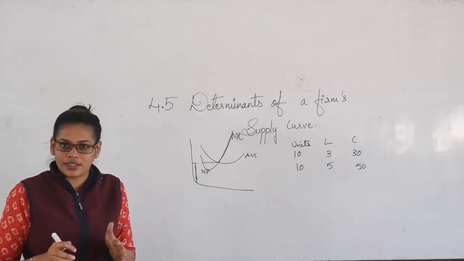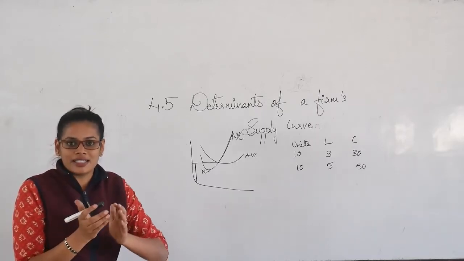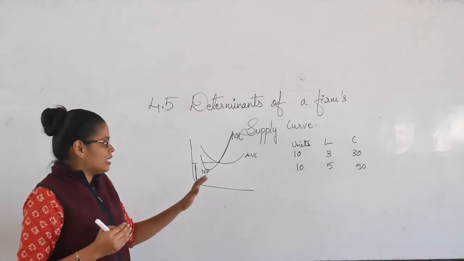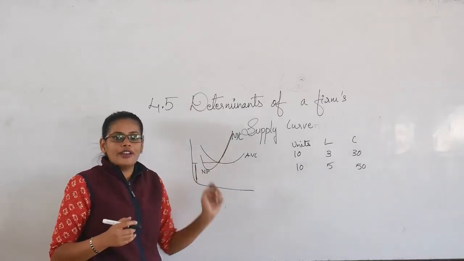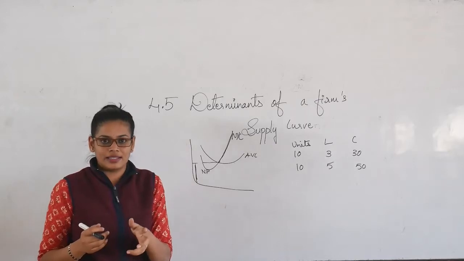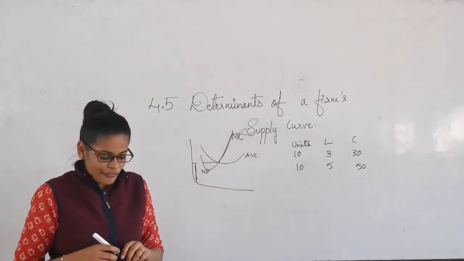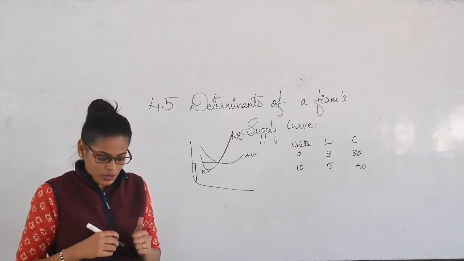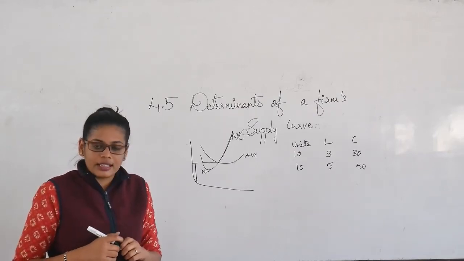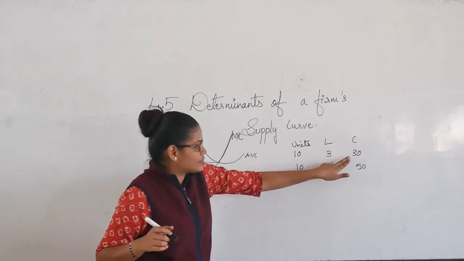We already know this, right? So the factors make changes in the shift in the supply curve. So when we have a change in the price, how does the supply curve look? If the price of an input, let's say the labor wage, increases, the cost of production also increases. We have seen here, right?